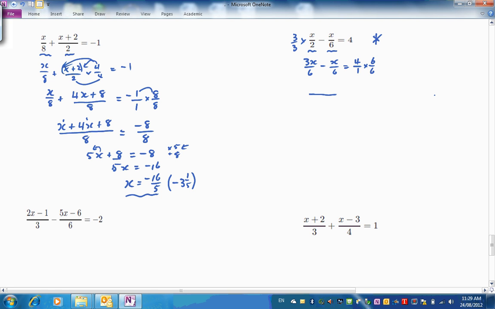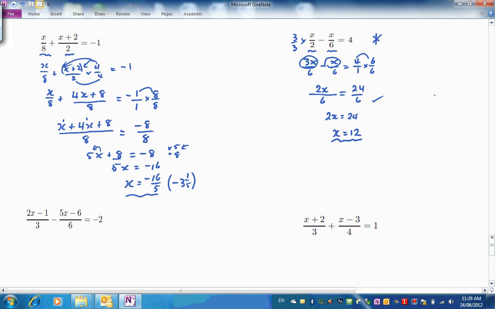Let's have a look at what this one is over 6. 3x take x, 1 lot of x over 6 is 2x over 6 equals 4 by 6, 24 over 6. Now that came out quite neatly. Now we can say the denominators check out, so the numerators must be equal. So we have 2x equals 24, x would be 12, reversing that multiplication of 2 lots of x to come back to find out what x was.